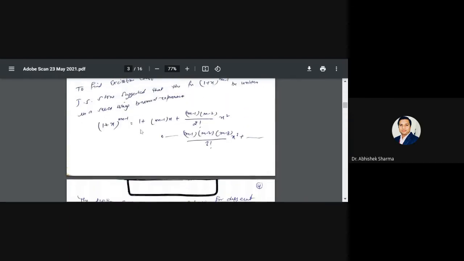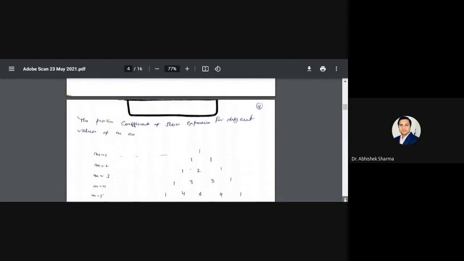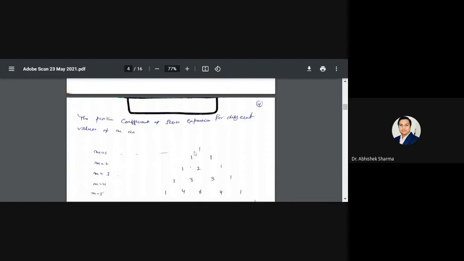In this, if we put m is equal to 1, then this will be 0, this will be 0, all other quantities will be 0, and we will get 1.